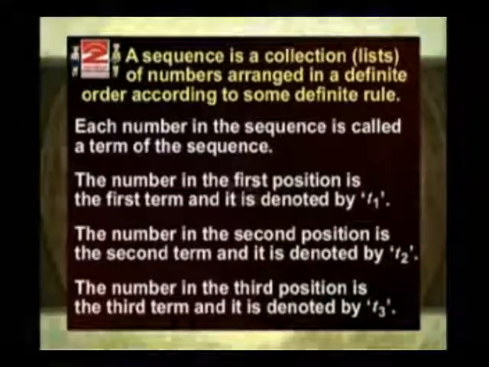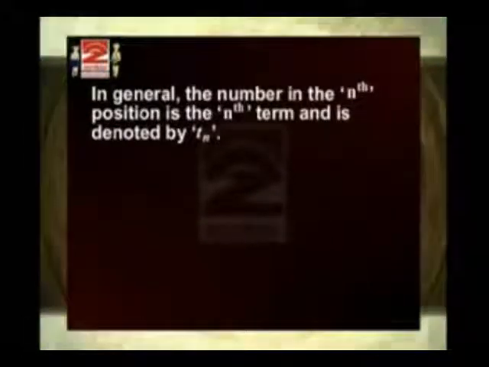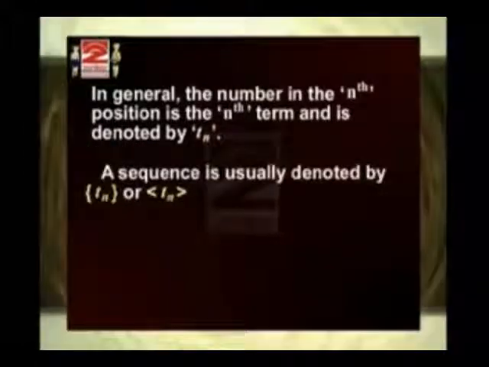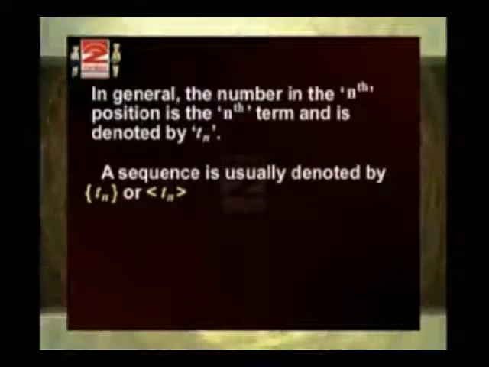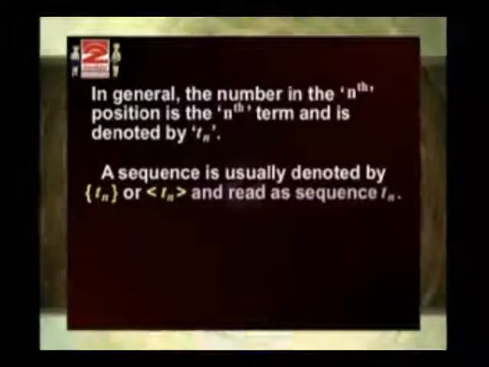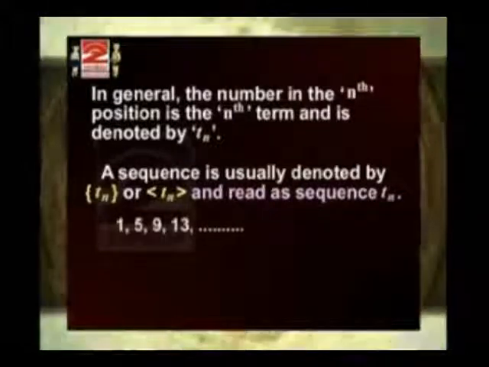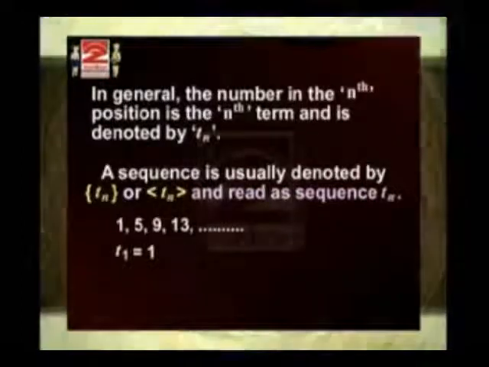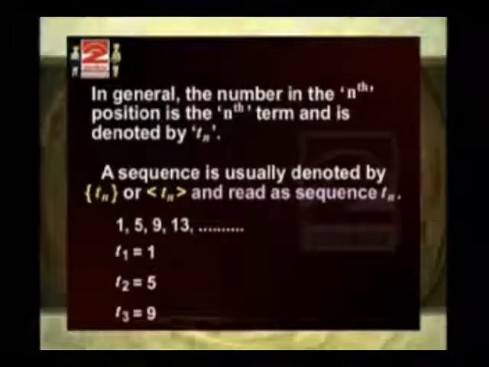Next one will be T3. In general, the number in the nth position is the nth term and is denoted by Tn. A sequence is usually denoted by {Tn} in curly brackets and it is read as sequence Tn. So, in the given sequence 1, 5, 9, 13, T1 is equal to 1, T2 is equal to 5, T3 is equal to 9, and so on.